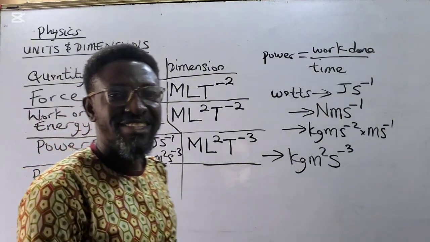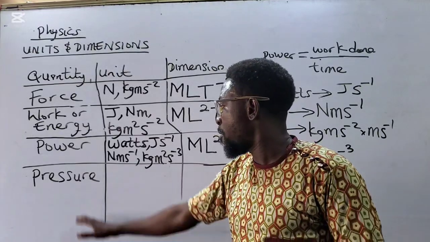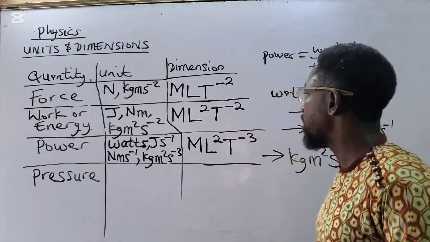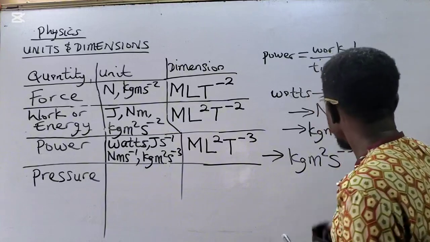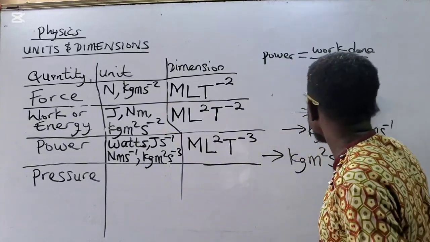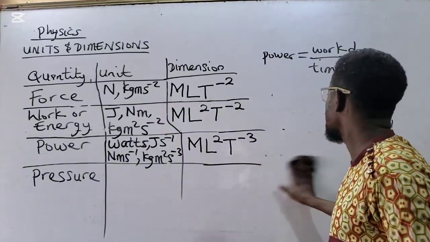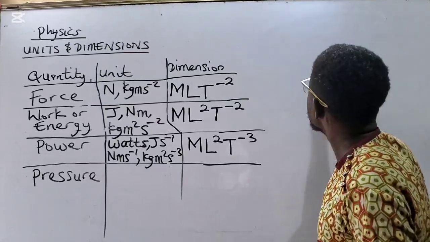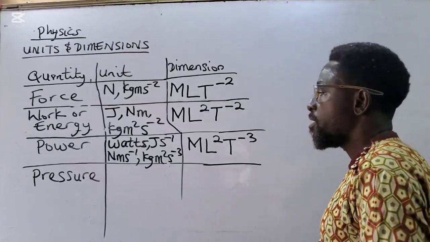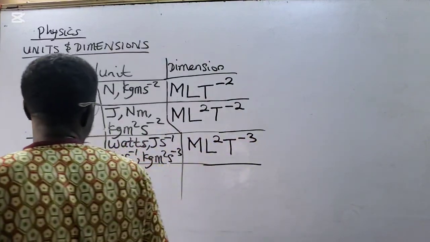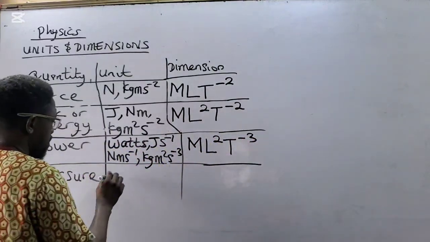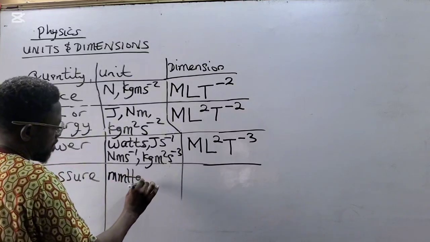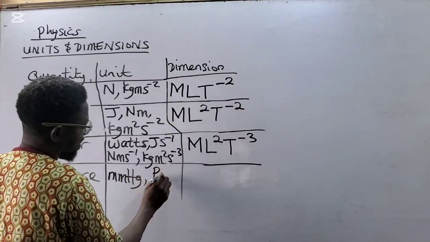Next, let's get the dimension of pressure. The unit of pressure can be the millimeter of mercury. The unit of pressure is also Pascal.